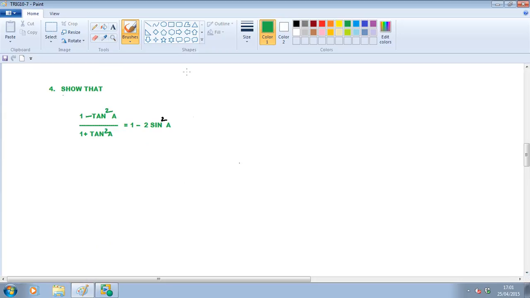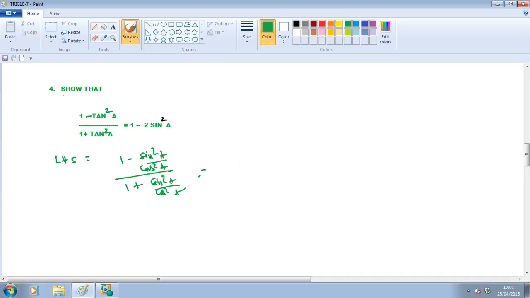This problem we will do similar to the first problem. This LHS is equal to 1 minus sin square A by cos square A divided by 1 plus sin square A by cos square A. Now this cos square A will become a common factor.